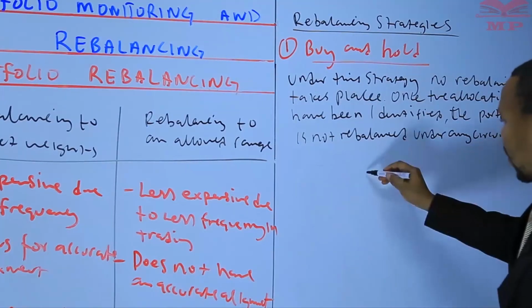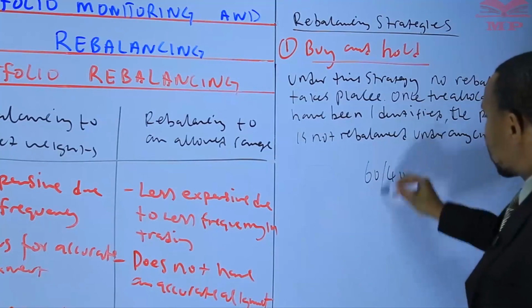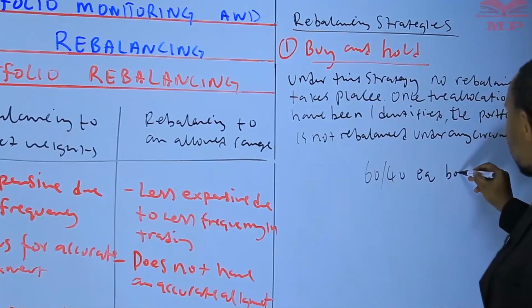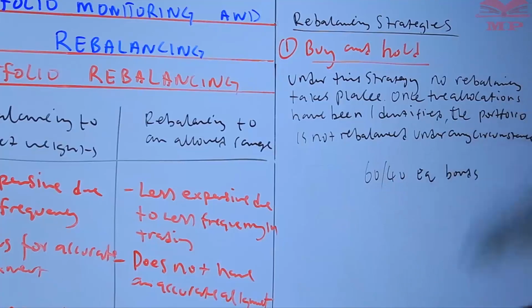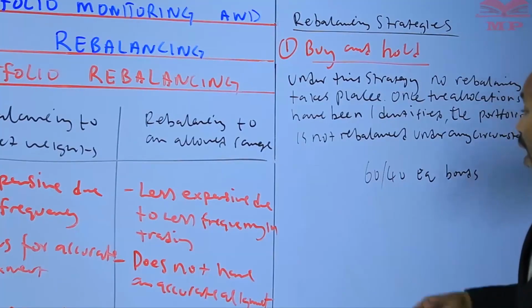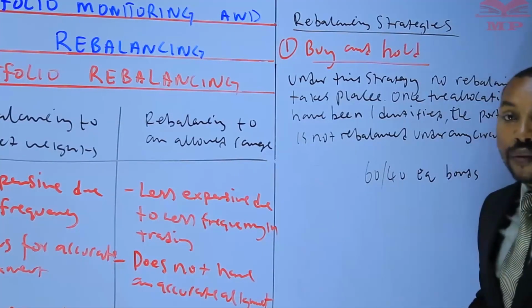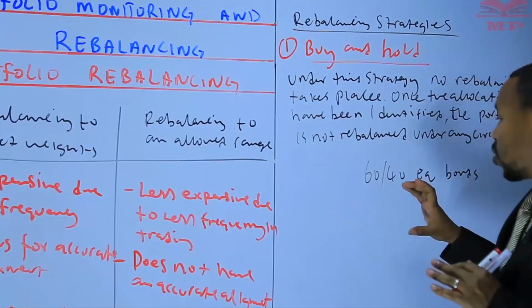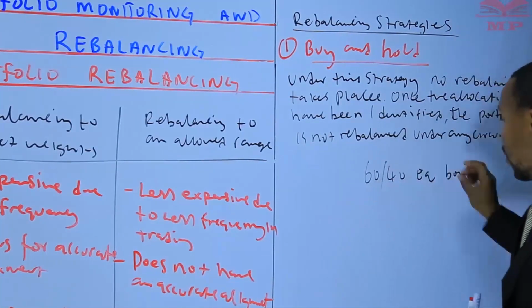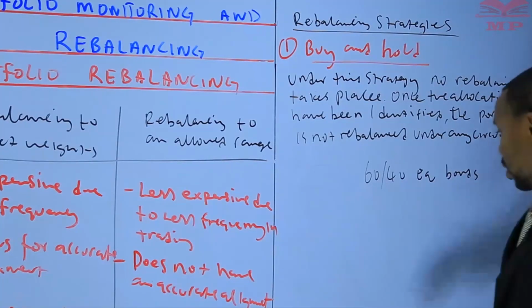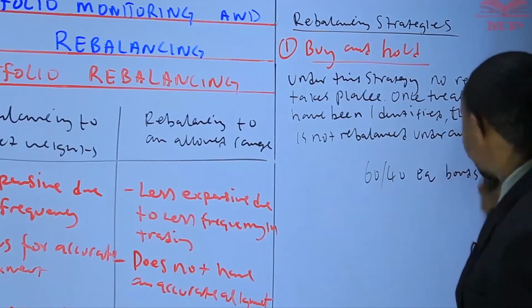So if you have a 60-40 allocation to equities and bonds, this 60-40 allocation remains, even if external factors actually impact the portfolio negatively. We just buy and hold and allow the portfolio to take shape based on this allocation. So that's the first type of strategy that we need to know.